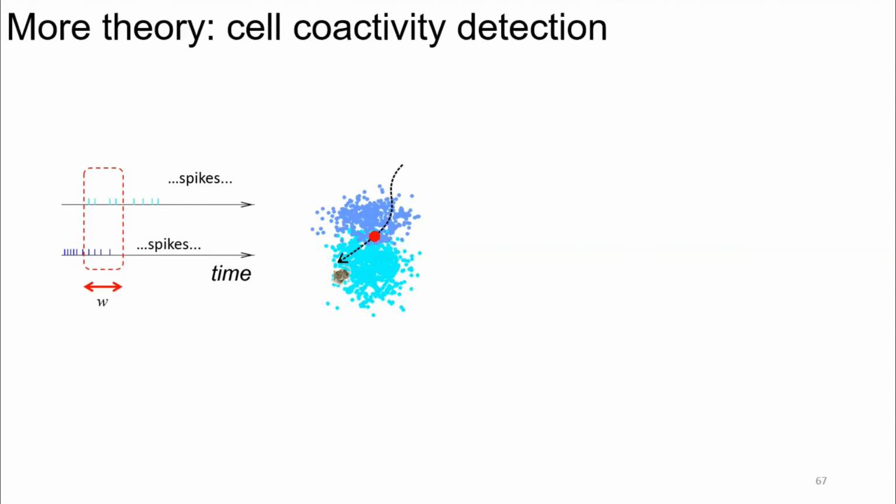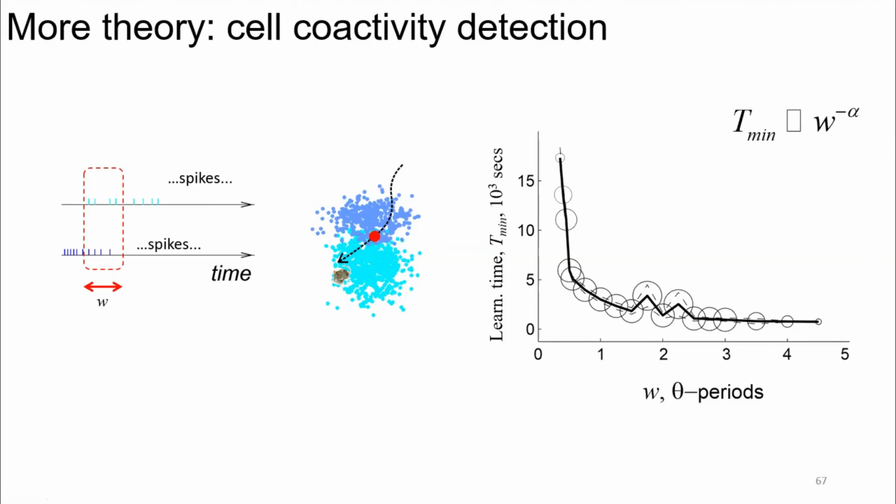So the question is how things would depend on W, and with this model, we can treat this W as a parameter and investigate what will happen as W changes. It's a purely theoretical question: how would things depend on this W? This is how they depend.